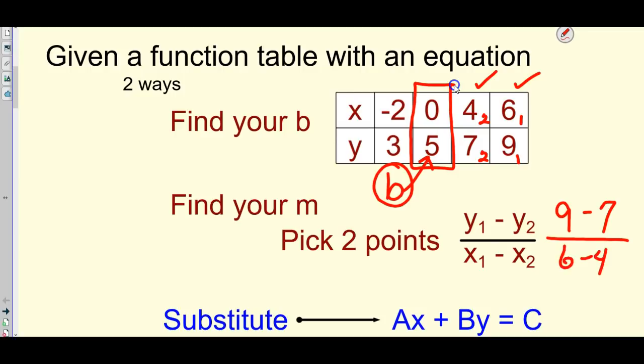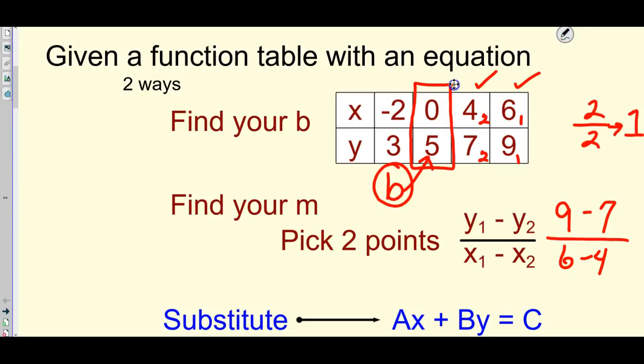So our slope, we have 2 here for the rise, and we have 2 here, which is your run. We can reduce this to 1. That would give us our slope. We have our b from our equation, or from the function table.